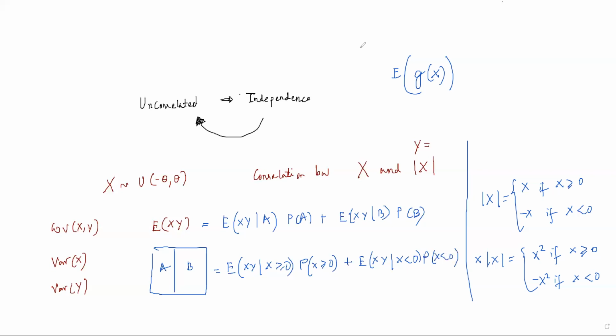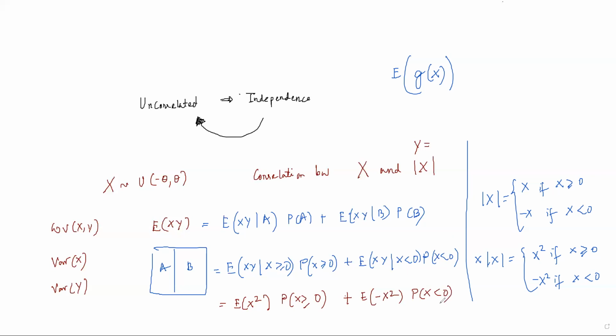Now, given X greater than or equal to 0, XY is nothing but X square, right? So the expectation of X square given X greater than or equal to 0, times the probability X greater than or equal to 0, plus the expectation of XY, which is minus X square, times the probability X less than 0.